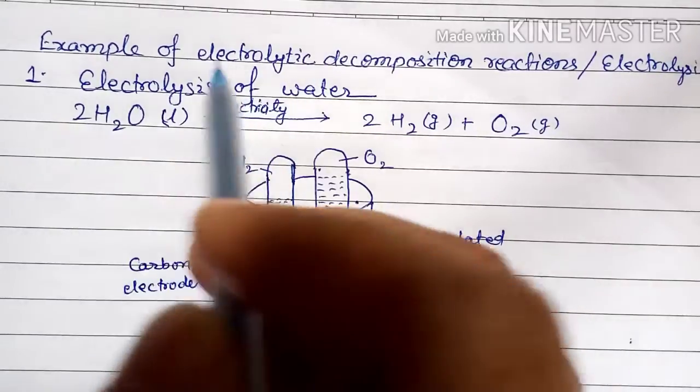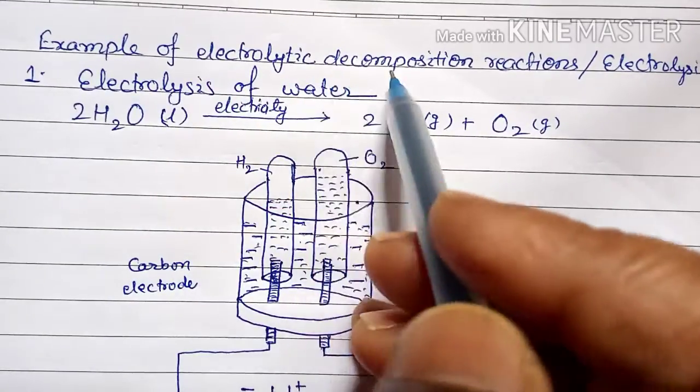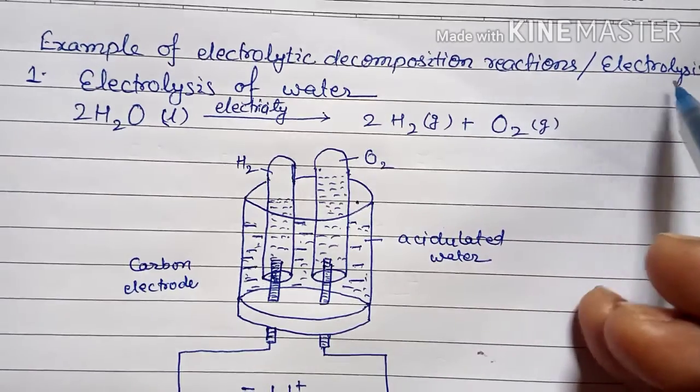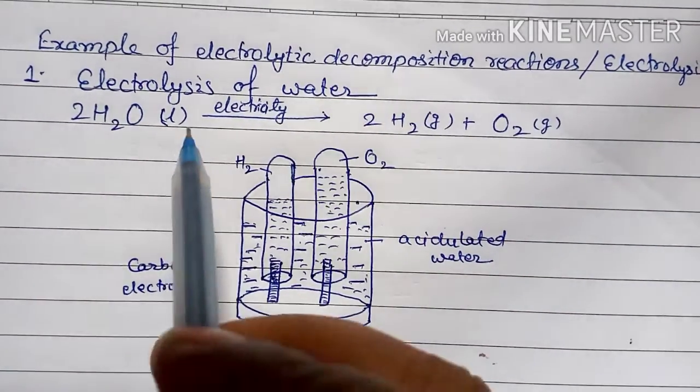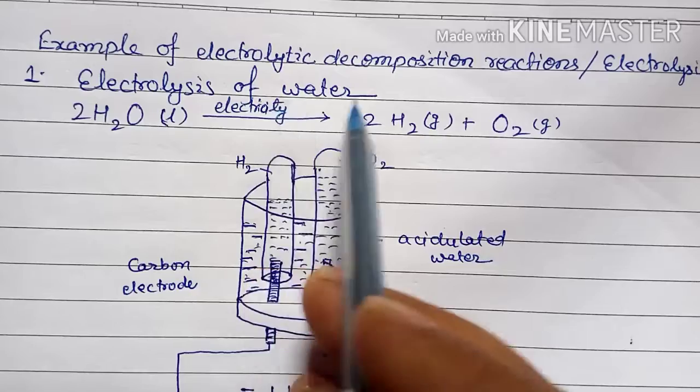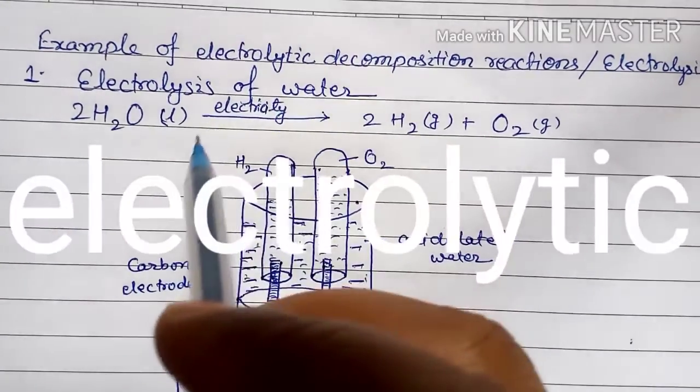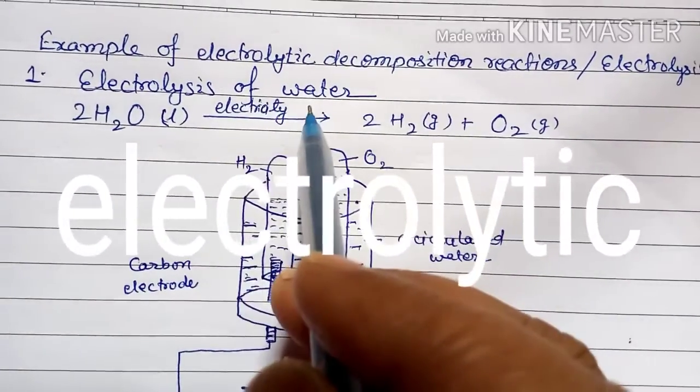Now we will discuss examples of electrolytic decomposition reaction, which is also known as electrolysis. First of all, we will discuss the electrolysis of water. We can explain this with an experiment.